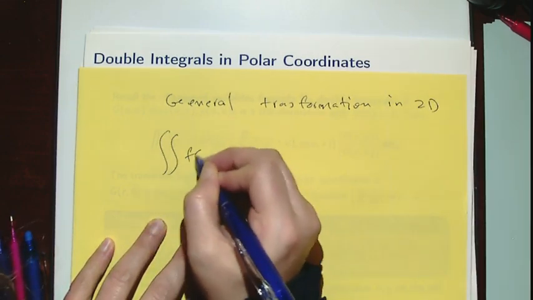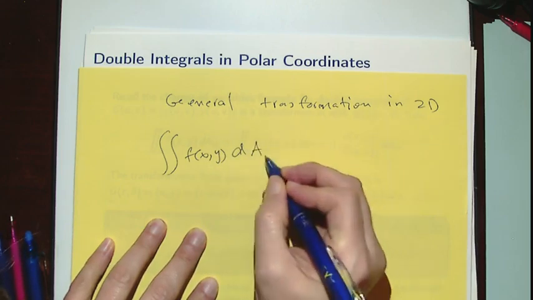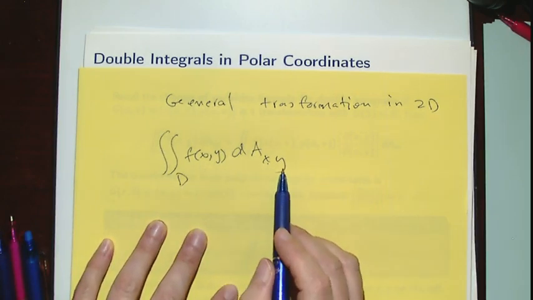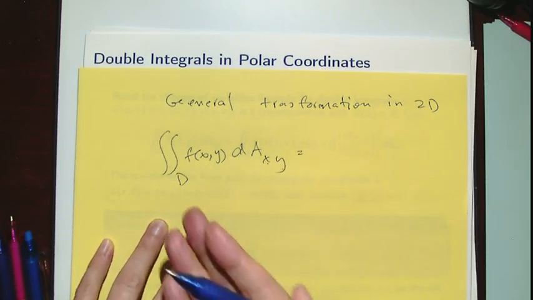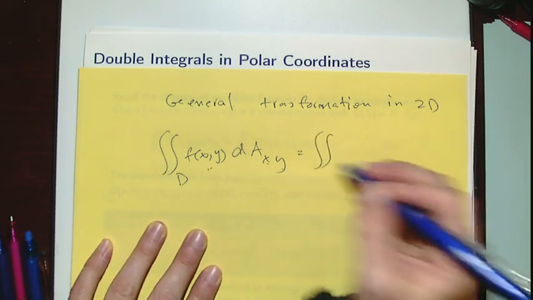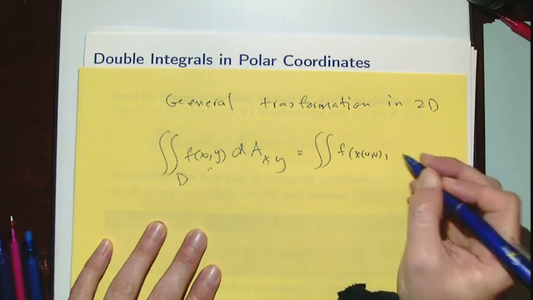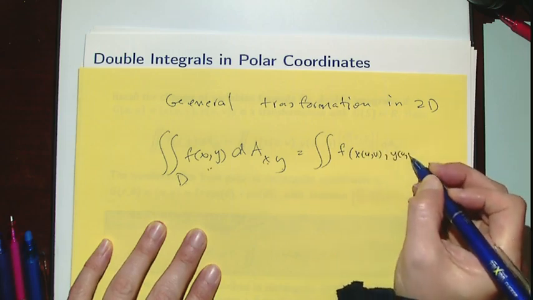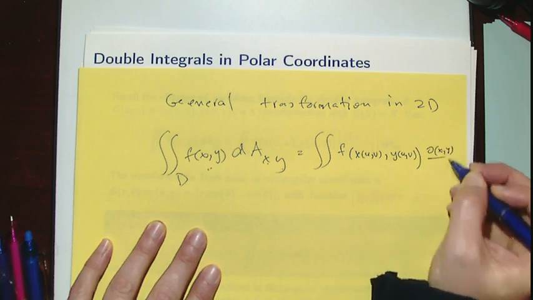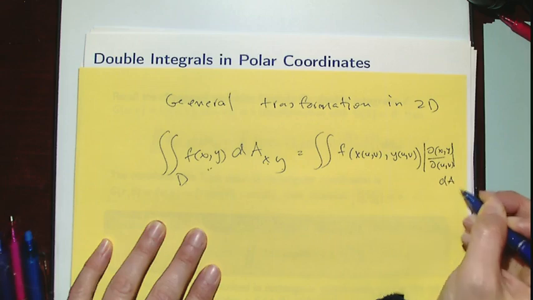You go from a double integral in region D in terms of x and y, where either the integrand is ugly or that region is ugly, and you swap with f of x of u and v and y of u and v, and then the Jacobian, dA of u and v.